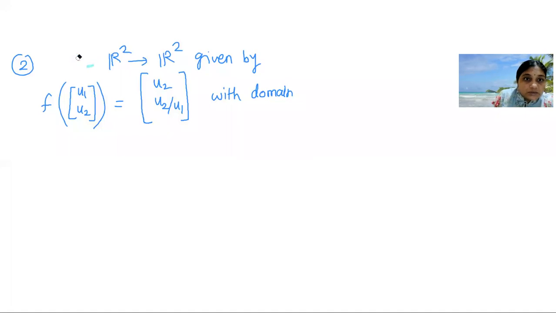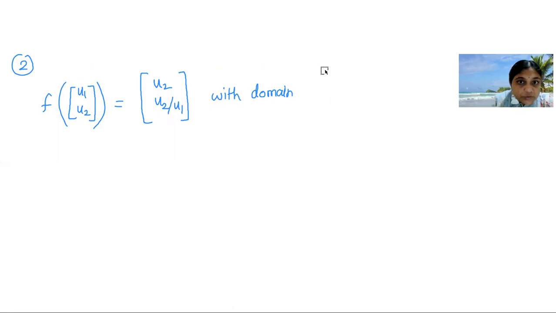With domain, we erase this. The domain is given not by R2 but by R2 minus (0, 0).